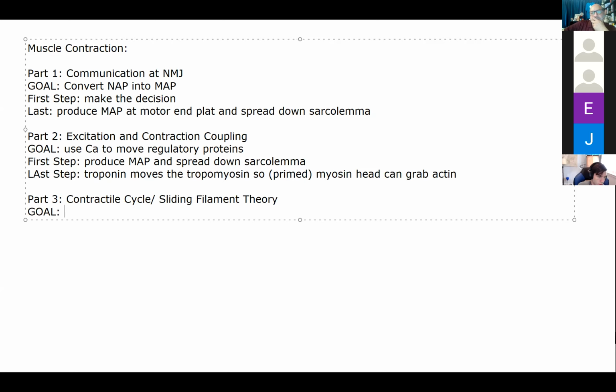Contract the muscle. True, absolutely right. To make the contraction, and really to move it through space. And the way we're going to move the muscle through space is we are going to produce tension. Or if we want to think of it in terms of physics, we're going to produce a force. And then that force is going to move our body through space.